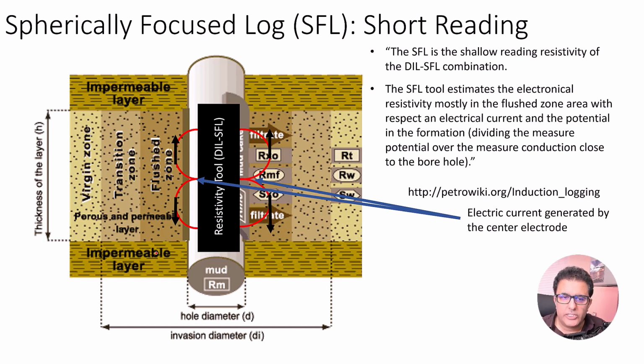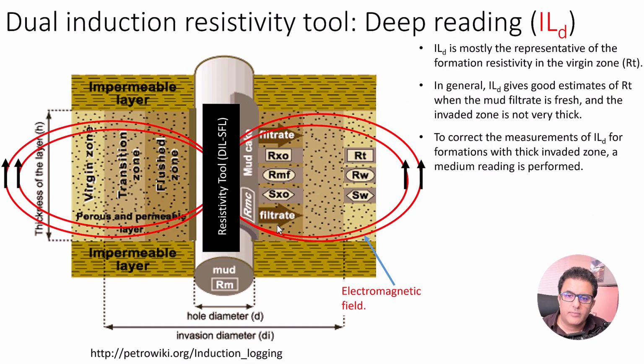So as I mentioned here, in order to measure the resistivity of flushed zone, we use a spherically focused log that provides very shallow reading. And then this logging tool provides us with some estimate, not accurate, some estimate of the resistivity in the flushed zone, or RXO. However, as I'm going to mention, it is not that accurate, and we have to combine more resistivities in order to get a more accurate estimate of RXO.